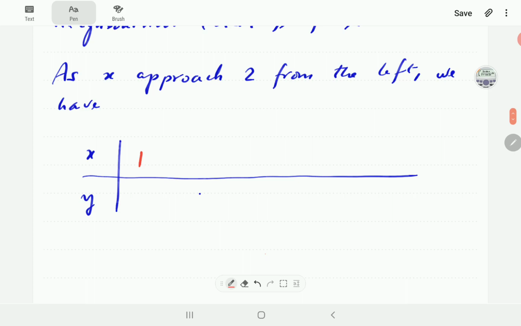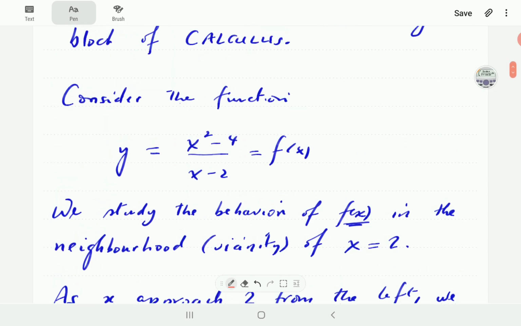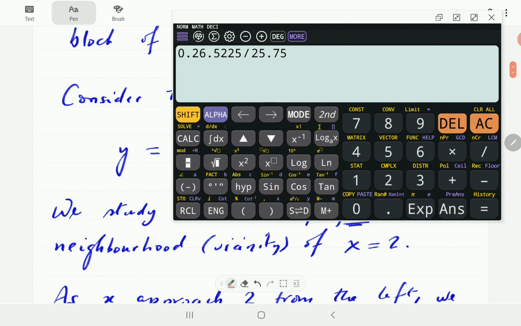Start with x equals 1, x equals 1.5, x equals 1.8, x equals 1.9, and then maybe 1.99. So let's start with when x is equal to 1. We're going to plug in x is 1 here and there. So let's punch this in the calculator.